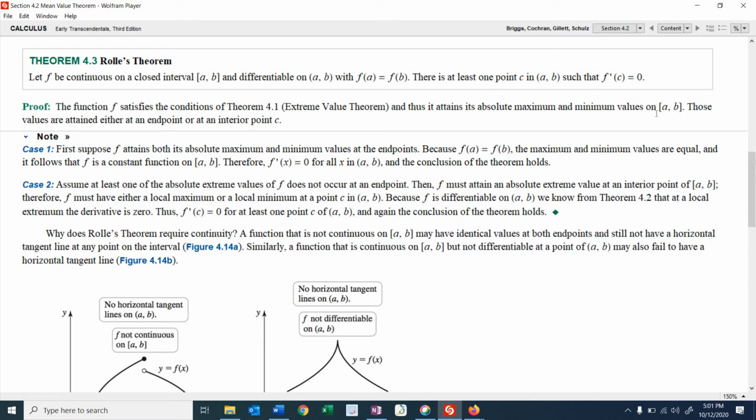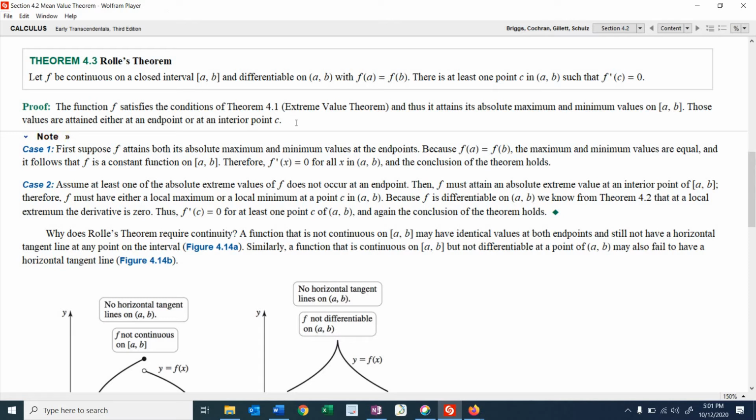In this case, the endpoints of this interval, the left endpoint is a and the right endpoint is b, or the absolute maximum and minimum value can occur at a critical point in the interior in between a and b. Okay, so just keep that in mind. We know that has to be true.